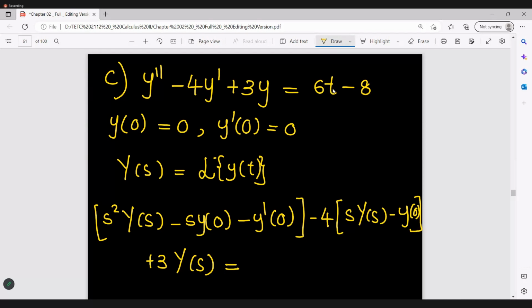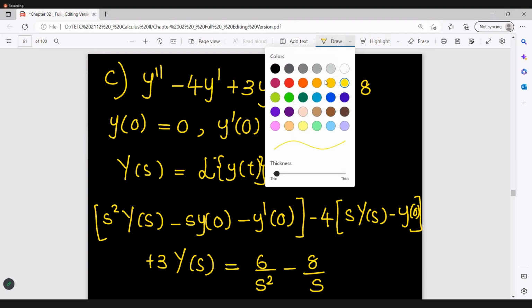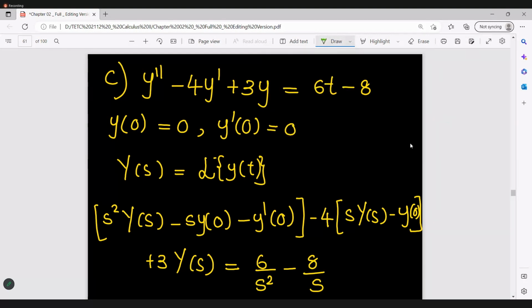What is the Laplace transform of t? 1 over s squared. Since it is 6t, the Laplace transform is 6 over s squared. If the function is 1, then the respective Laplace transform is 1 over s. Here the function is 8, so the Laplace transform is 8 over s.